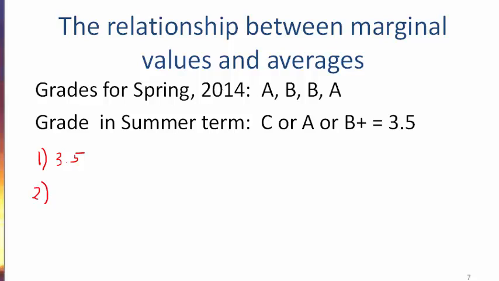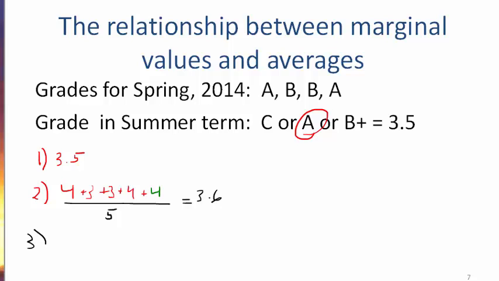So step 2, my new grade is going to be an A now. So I have a 4 plus a 3 plus a 3 plus a 4 plus my new 4. So I had a good summer grade, and I have to divide that by 5. So my new GPA is going to be a 3.6.